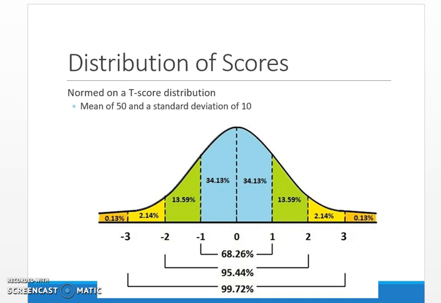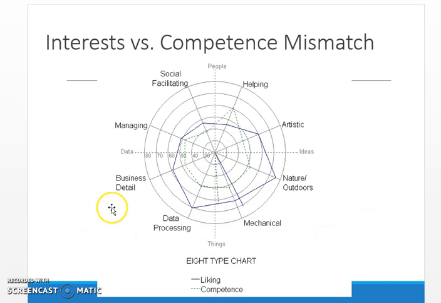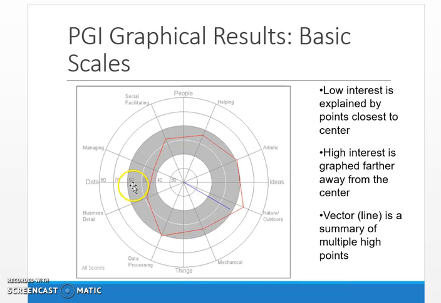That's why this is shaded, because the mean is 50 and the standard deviation is 10. So that's why 60 to 40 is all shaded in, because most people get in that range of scores.